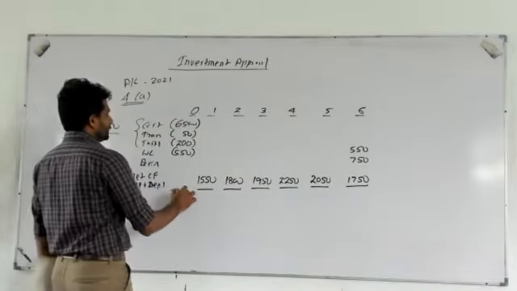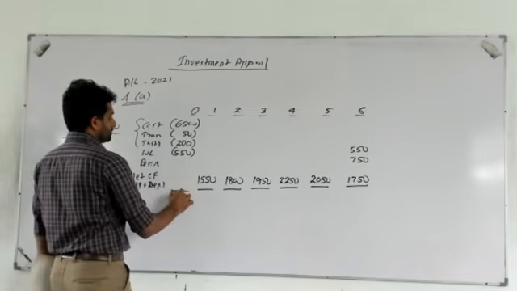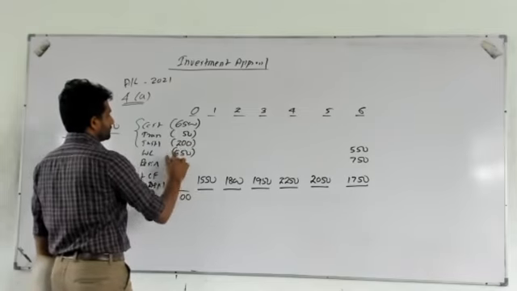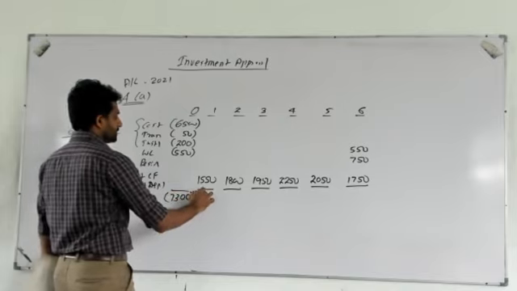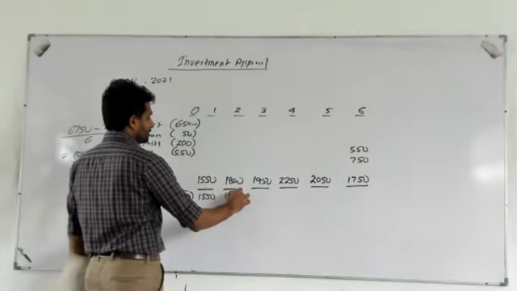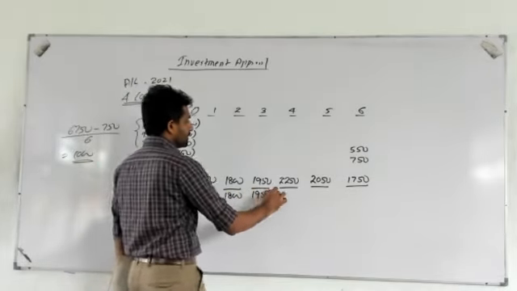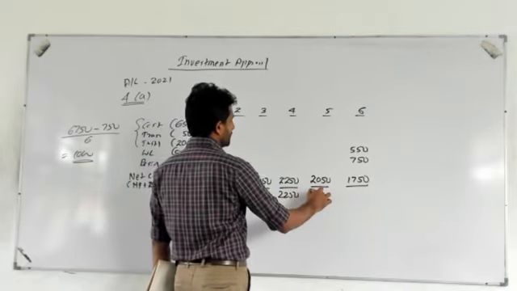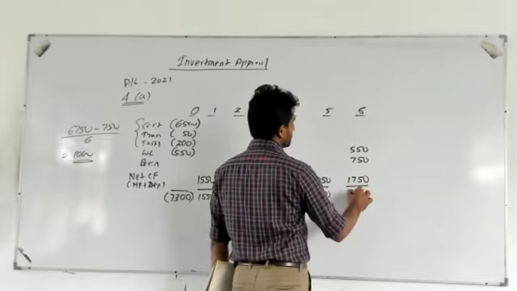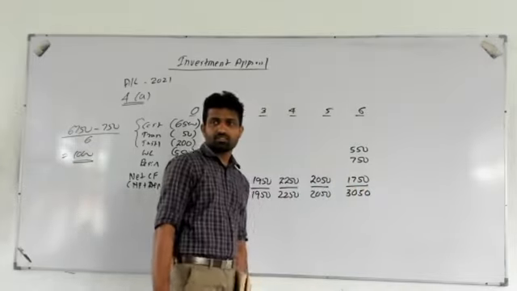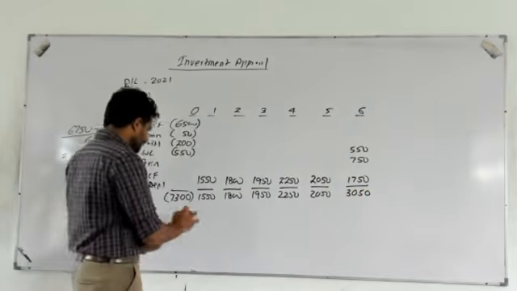Another method. 7,300 minus, 1,550, 1,800, 1,950, 2,250, 2,050, 3,050. This into the discount factor.